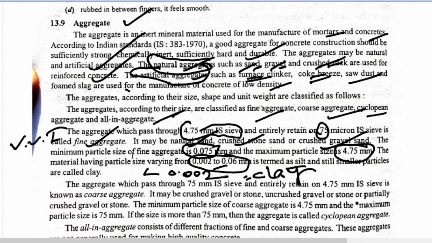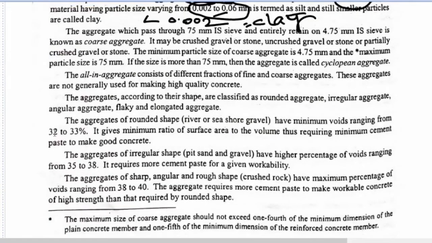The aggregate which passes through 75 mm IS sieve and is entirely retained on 4.75 mm IS sieve is known as coarse aggregate.